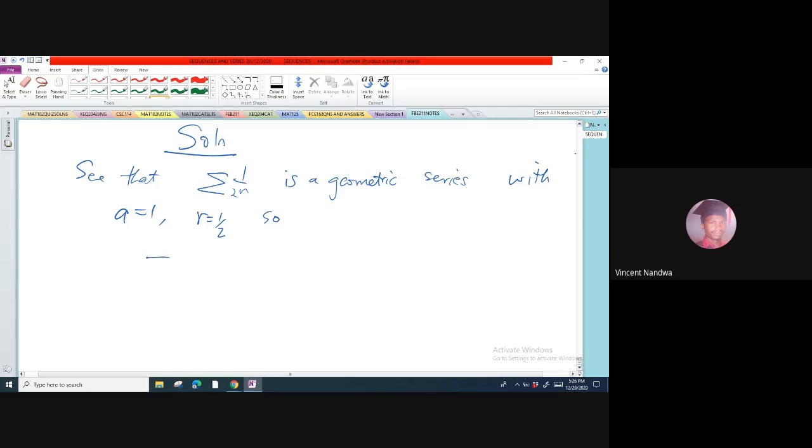So summation of 1 over 2 power n is a half over 1 minus a half, which is 1.